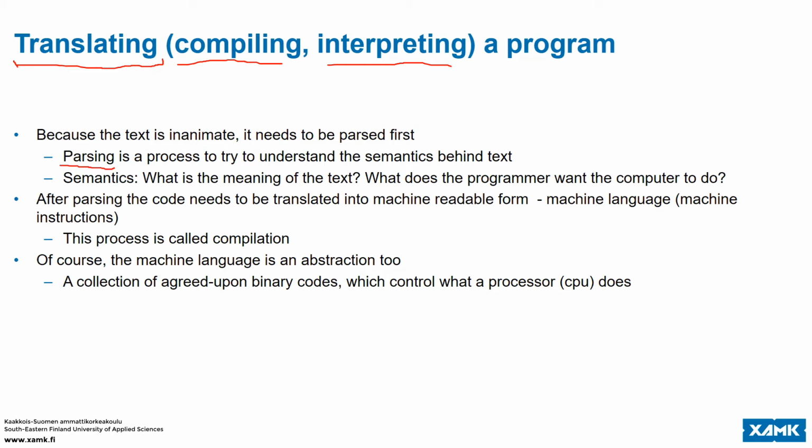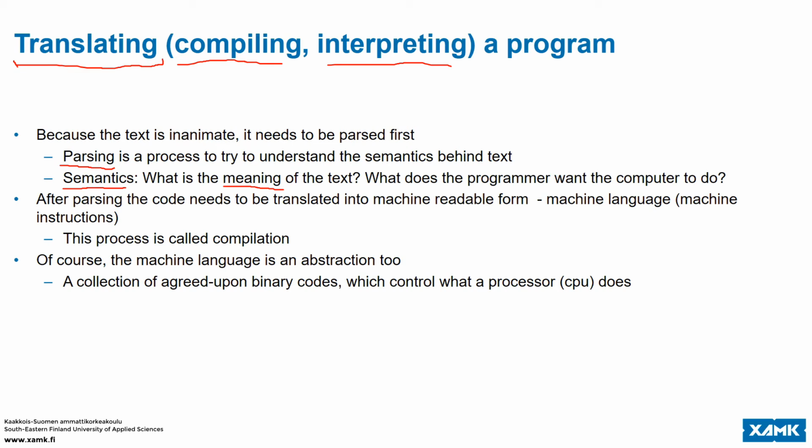Parsing is a process where a program, usually called a parser, tries to figure out the semantics behind the program code. And semantics basically means the meaning of a text. What did the programmer want the computer to do at this line of code?